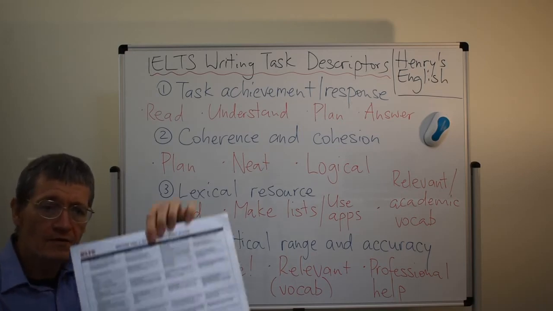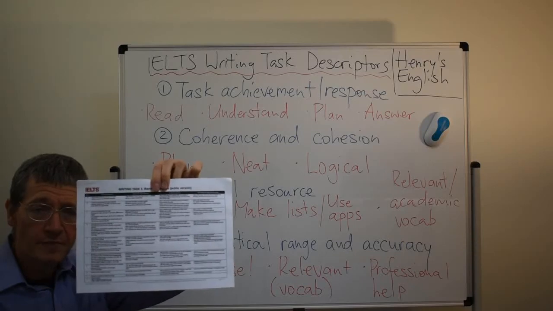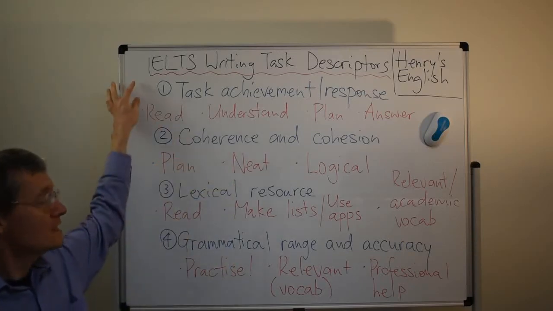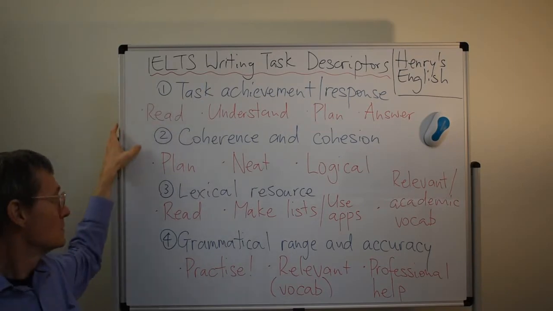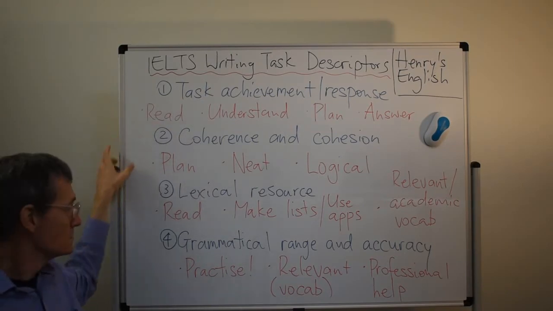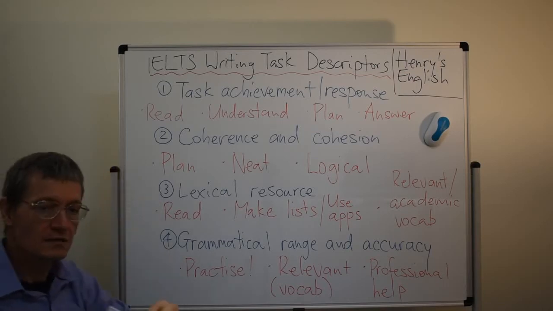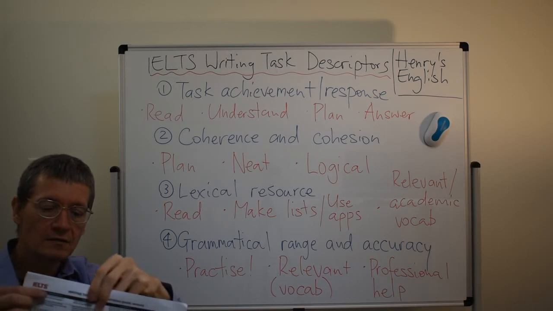Well, here is a paper, and this is the kind of paper that we use to determine your grade. Up here we have task achievement and response, coherence and cohesion, lexical resource, and grammatical range and accuracy. And these are mirrored here.